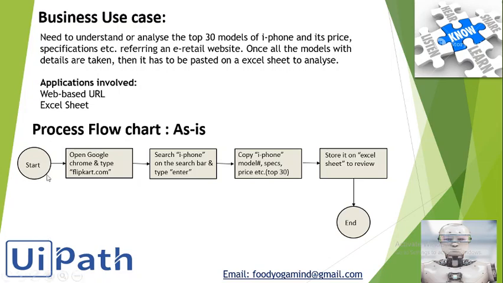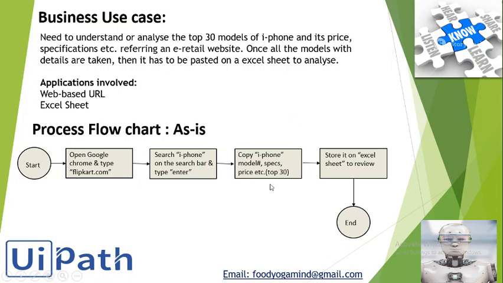The process is: it will start, open Google Chrome and type flipkart.com. Once Flipkart is open, we need to search for iPhone on the search bar and press enter. Once the iPhone details are displayed, the bot has to capture the iPhone name, model number, specs, price, etc. It will do all these things for the top 30 list of items.